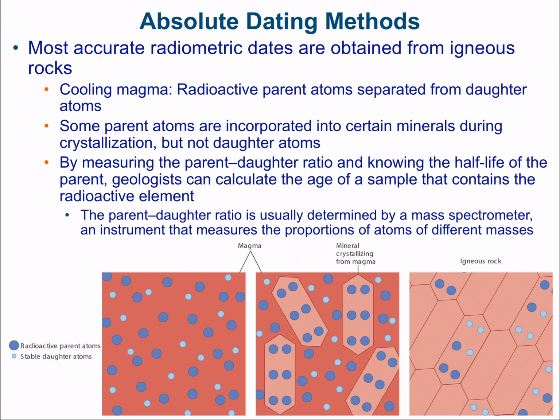So by measuring the parent to daughter ratio, knowing the half-life of the parent, we can then calculate the age of the sample that contains the radioactive element. The parent-daughter ratio is determined by what's known as a mass spec. It's an instrument that measures the proportion of atoms of different masses.